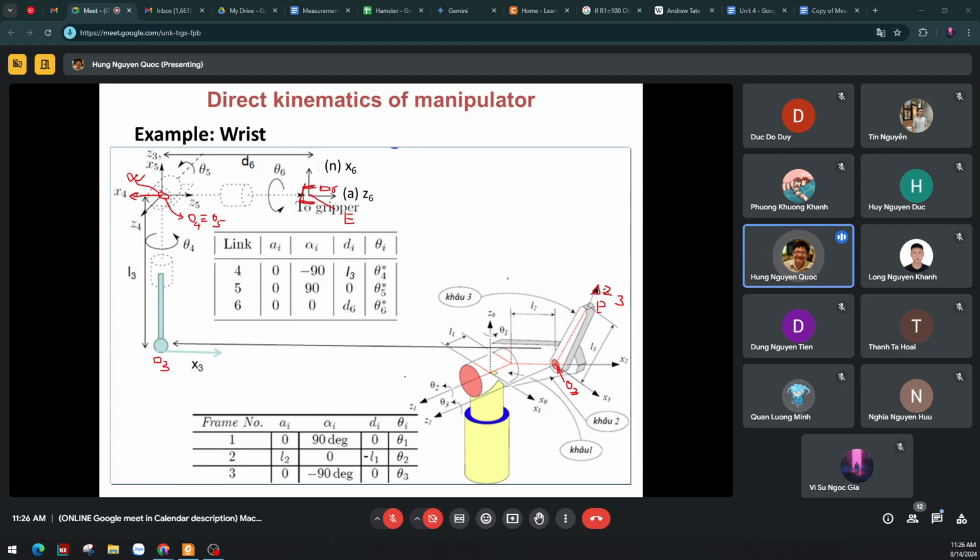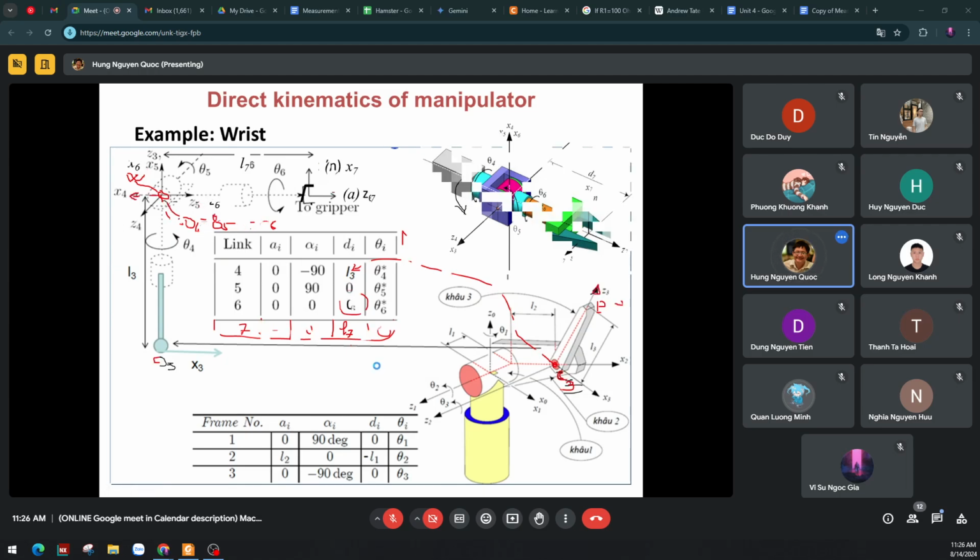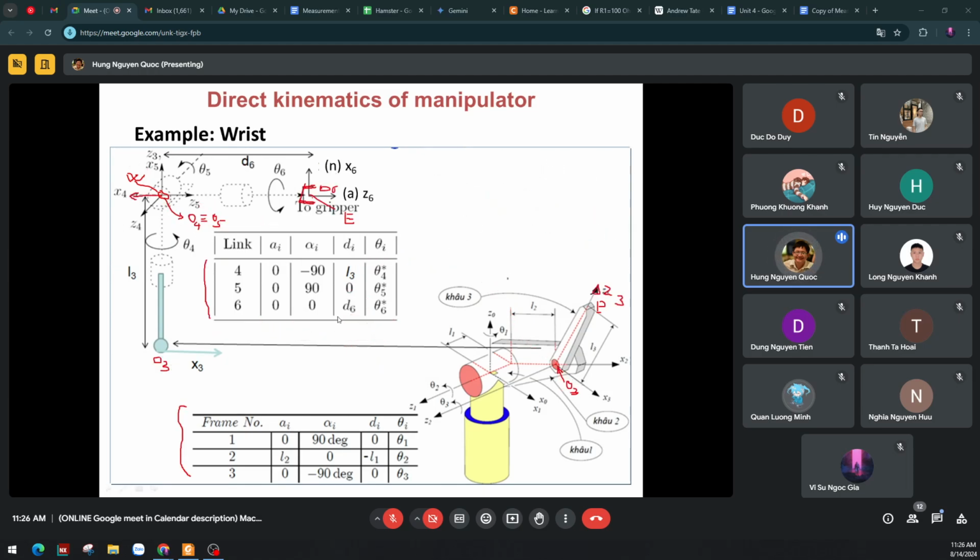Then the variables are theta 4, theta 5, theta 6. This is for the gripper, and this is for the positioning. Then you put them together, and you will have the full DH parameter table of this robot.